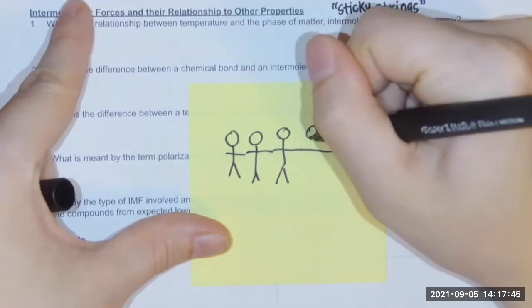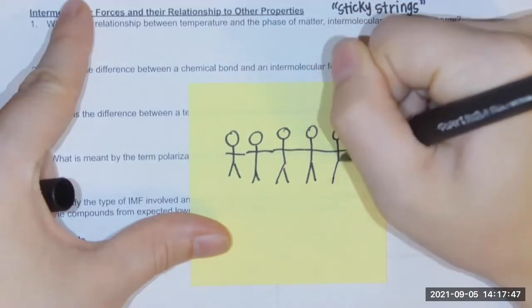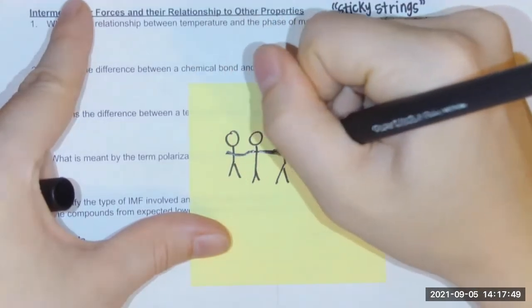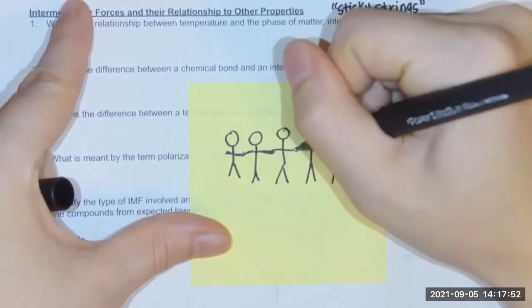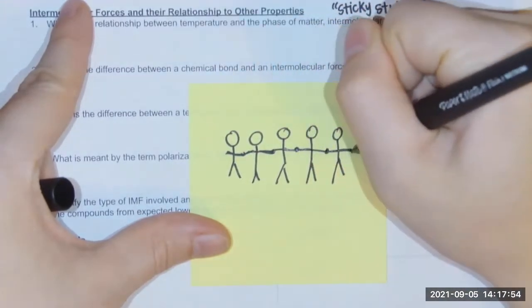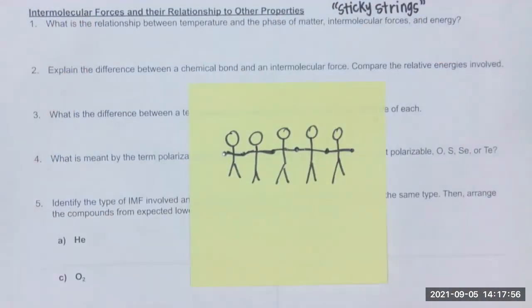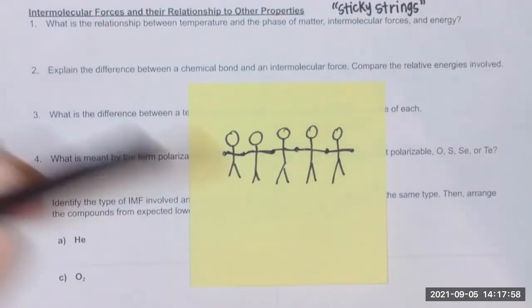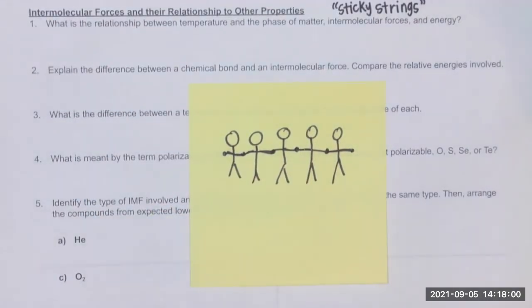Okay, I gotta draw this faster. Like this. So everyone's holding hands. And they say, Red Rover, send Kaylee right over, whatever.